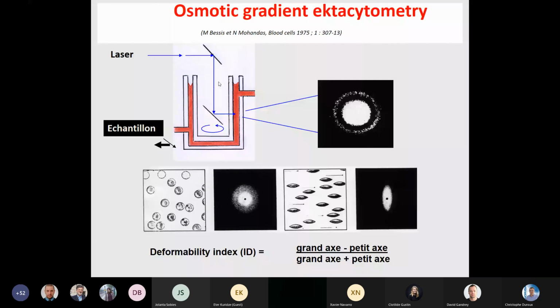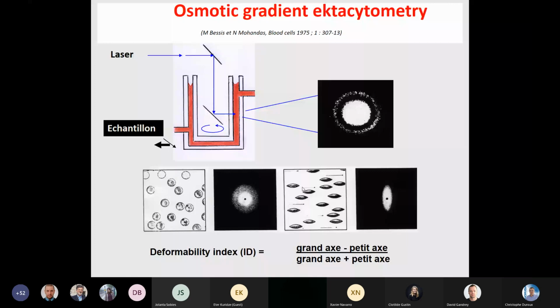So the principle of this osmotic gradient ektacytometry is to make the red cells circulate between two cylinders, and you rotate one cylinder, so you expose the red cells to a shear stress, and they are going to modify their shape, and you will measure this modification of the shape, and you will measure the deformability index of the red cells.